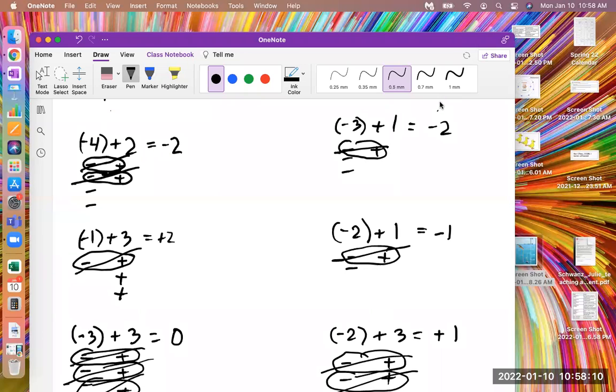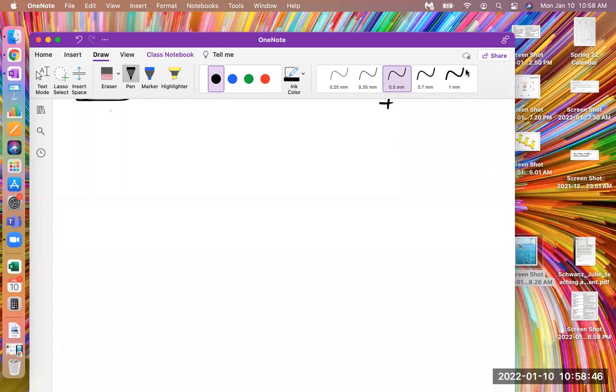And really, if you were to explain to somebody else, and you didn't want them to have to draw the pictures, how would you explain to them how to add integers? I'm just going to allow you a few more minutes to think about it and to look at the pictures.